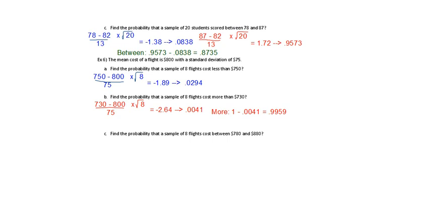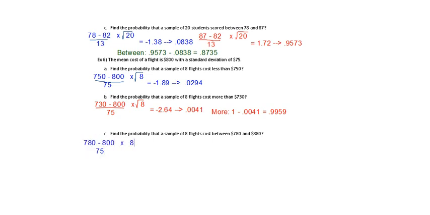Part C, find the probability that a sample of 8 costs between $780 and $880. So, because it's between, we're going to have to do this twice. We will do the 780 first. So that's going to be 780 minus 800 divided by 75 and times the square root of 8.